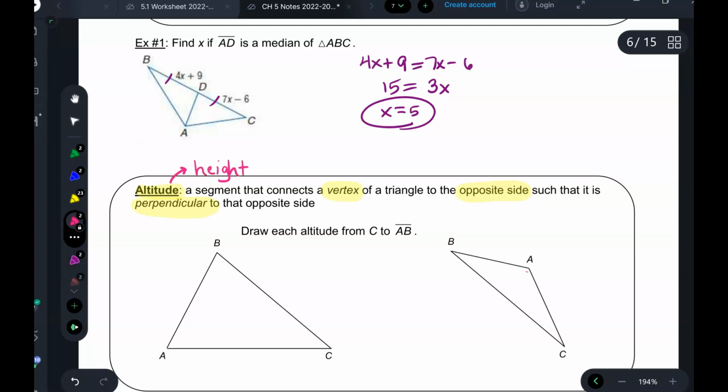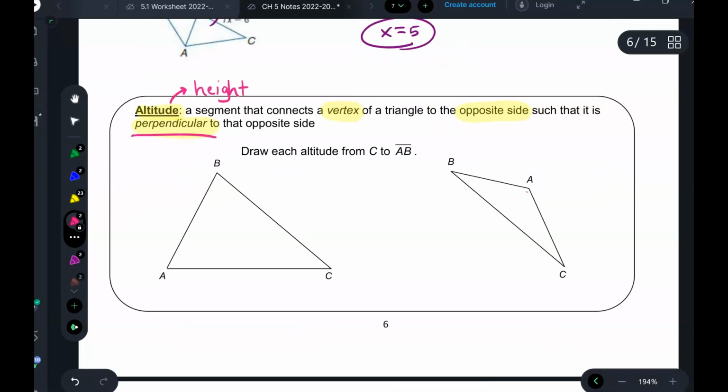But do you recall, when you're looking at a triangle and trying to find the height, what does the height always have to be with the base? It's got to be perpendicular, okay? Now, I could draw the height of this triangle like here. However, I gave specific directions. I want the altitude from C to AB.